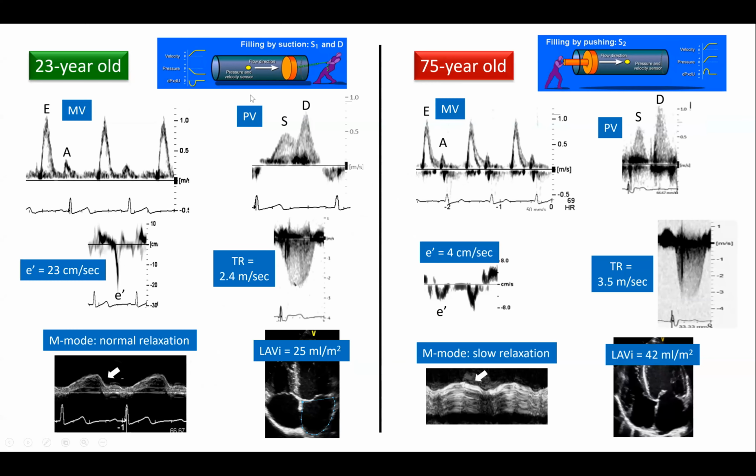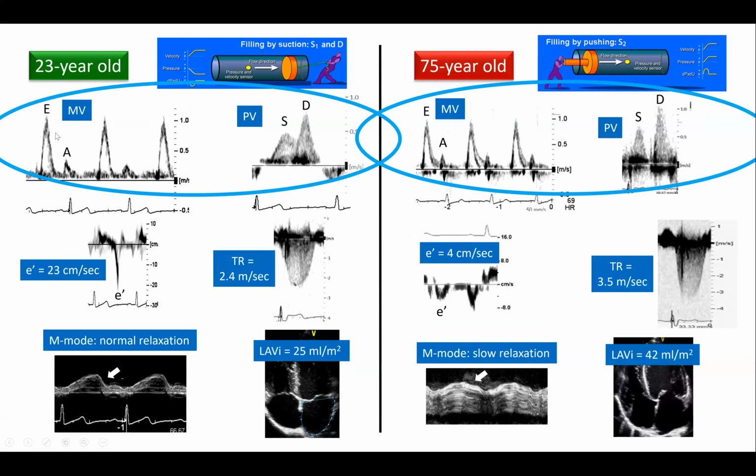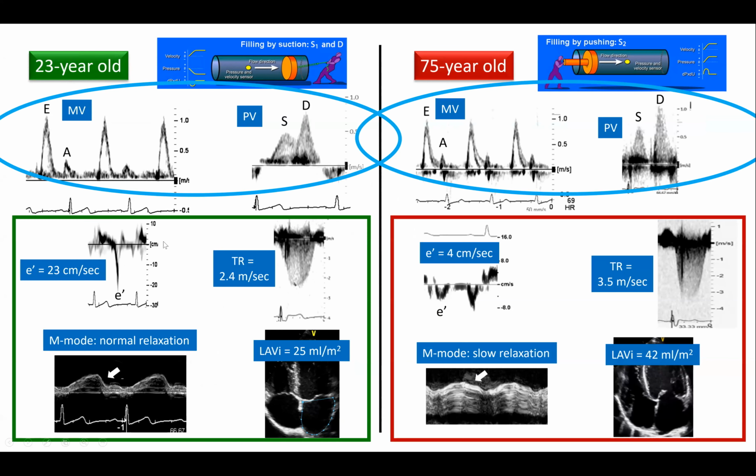So if we compare the first patient and the second patient, the 23-year-old and 75-year-old, if you look at the mitral Doppler, you have a prominent E to A ratio in both patients. In the pulmonary vein Doppler, you have as well a small S and a large D in both patients. However, if we look further, the normal, young patient has superb relaxation properties.